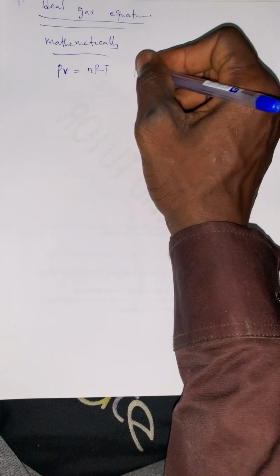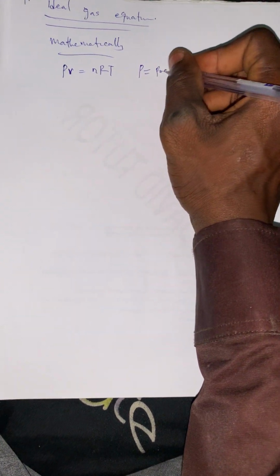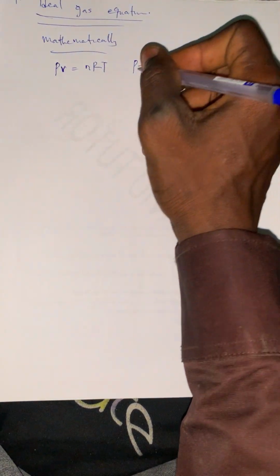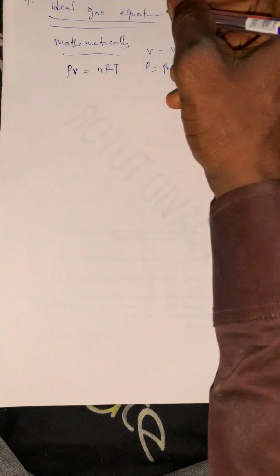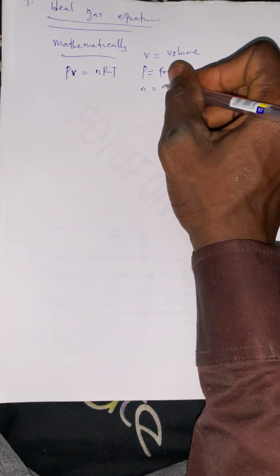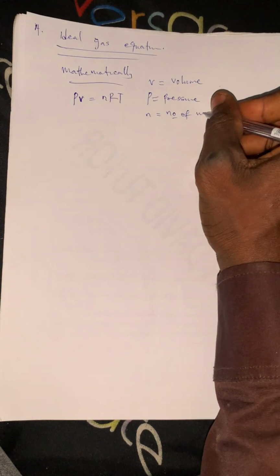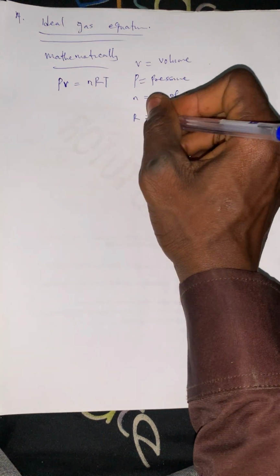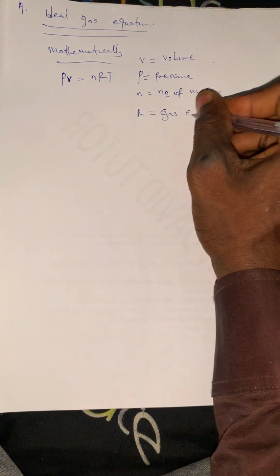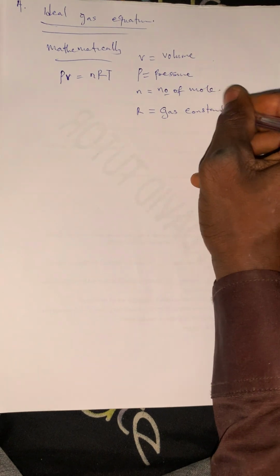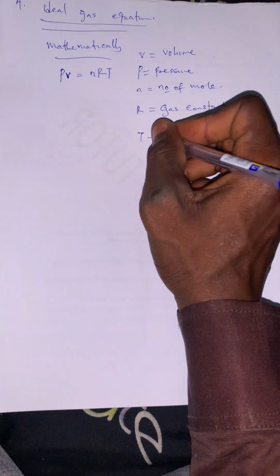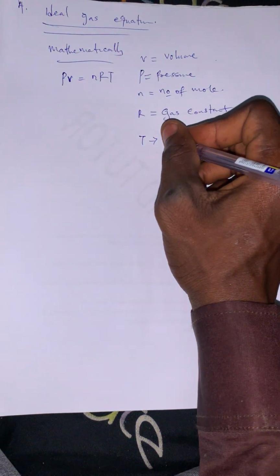Don't forget that P is pressure, V is volume, n means number of moles, R means gas constant, and T means temperature.